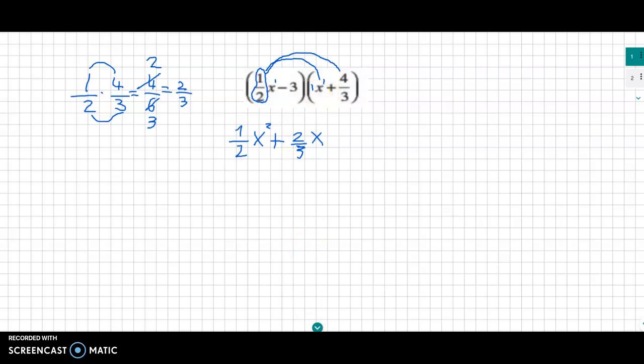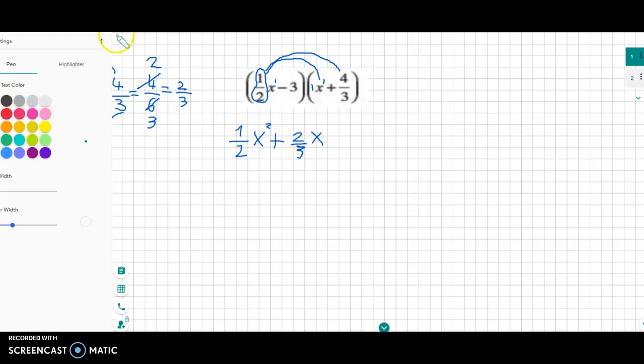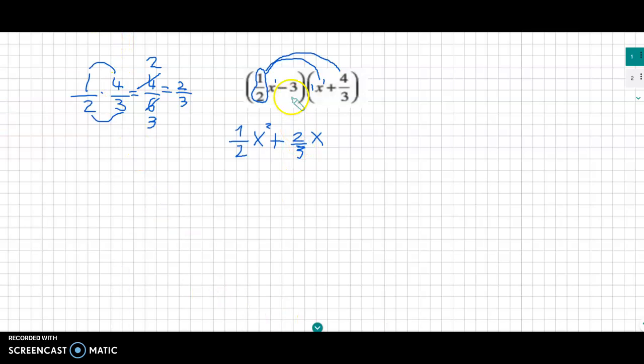Okay, and then, guys, we continue with the second term. Let's change the color here. We are going to multiply minus 3 times x, which will be minus 3x. And then we multiply minus 3 times 4 over 3. So we are multiplying a whole number times 4 over 3.